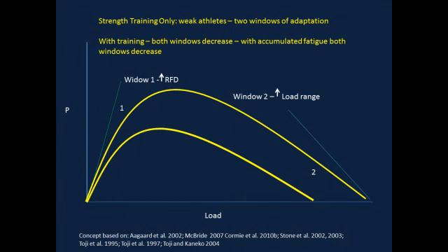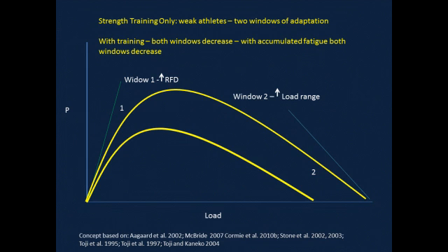The second window is down at this end, and this depends upon the rate of force development. The higher we can get the forces here, the quicker we can get them up high, the more up and down this curve becomes. And so we've got a better chance of doing that by opening up both of those windows.